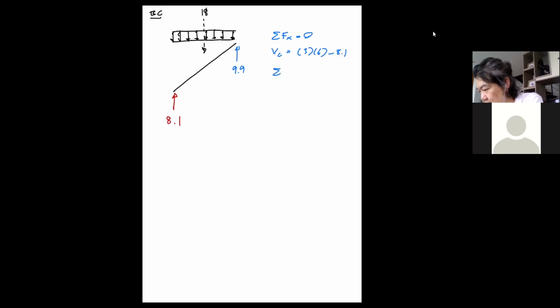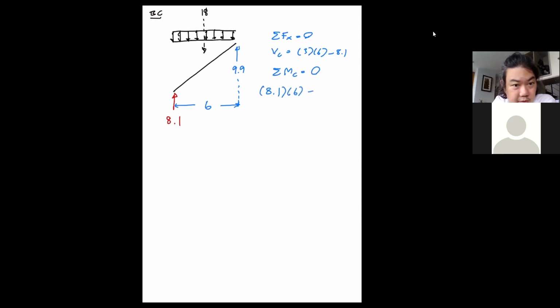So we can take moment at C. So now you have 8.1. Now, because we need the distance perpendicular to the force from the point that we take moment, this can still be used. That is 6.8, so we have 8.1 multiplied by 6.